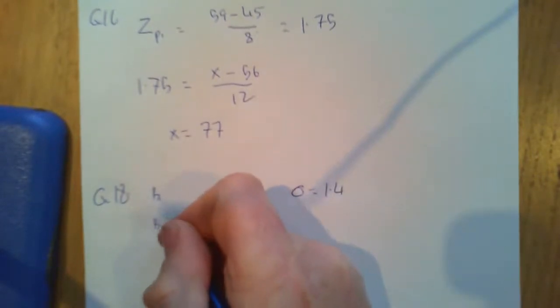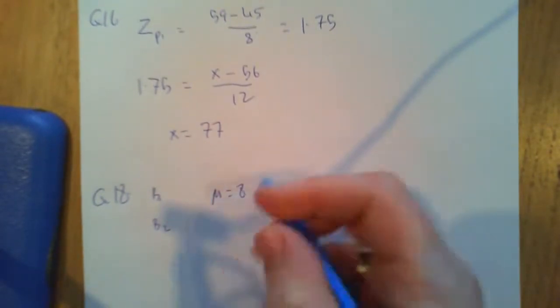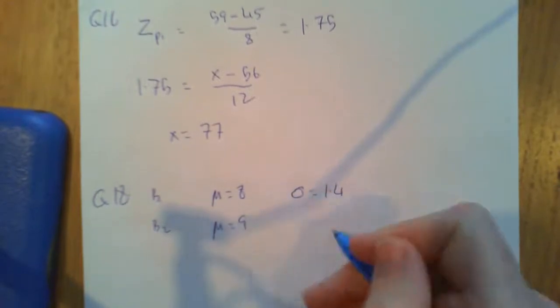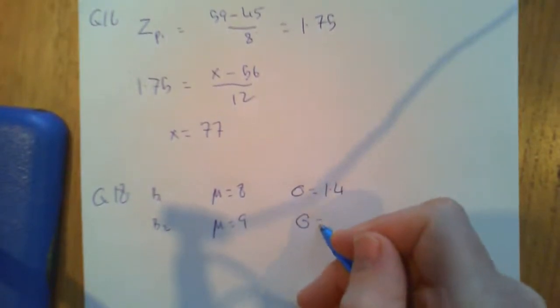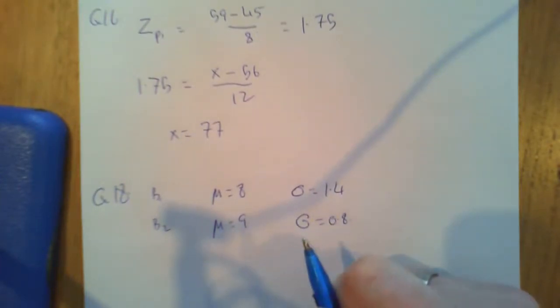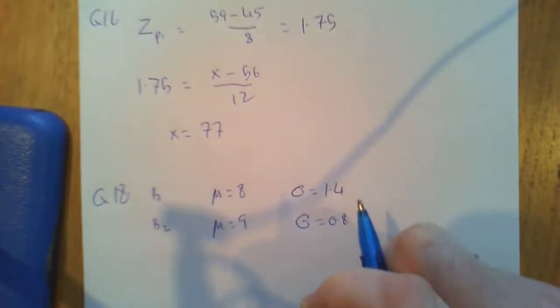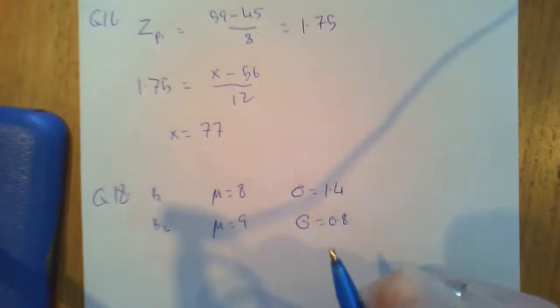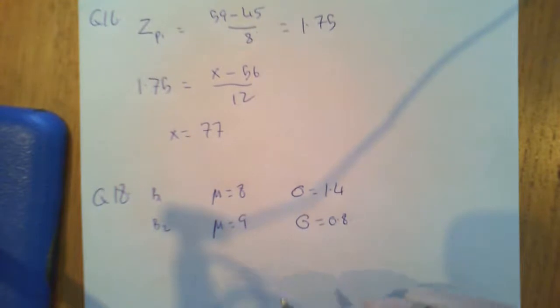On beach 2, the mean is 9 and sigma is 0.8. She finds a pebble of length 10 millimeters on each beach. She claims that this is less likely to happen on the first beach. Use standardized scores to test her claim.